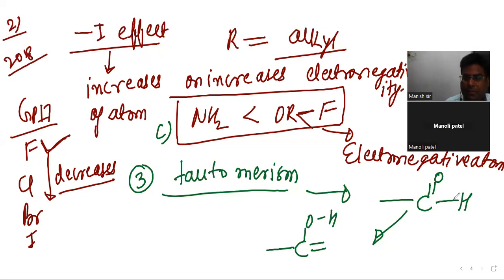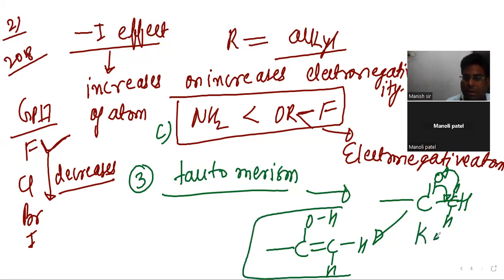Suppose this is C; again a C bond is there. What I have done is shifted the H and taken the double bond here. So this is called the ketone and enol form.